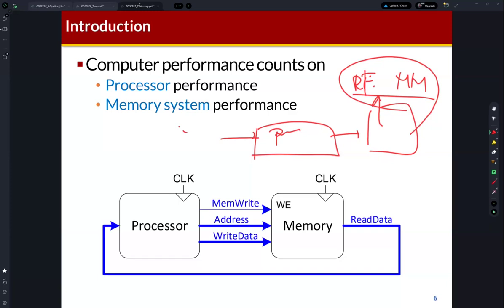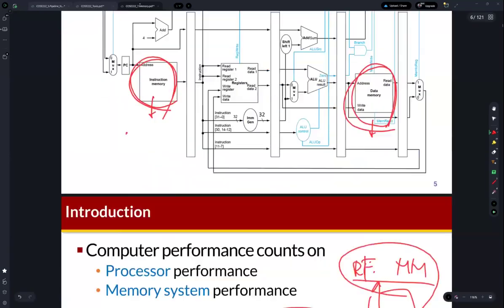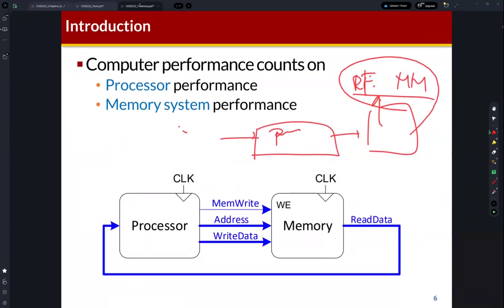So for the memory, you can understand this computer system that includes the memory system like this figure.